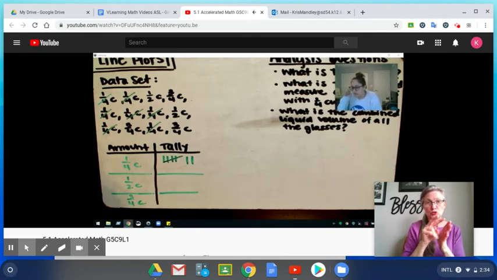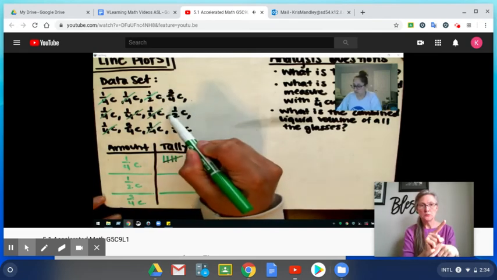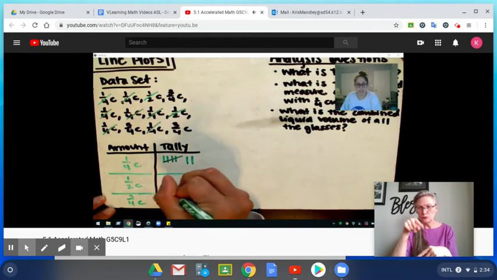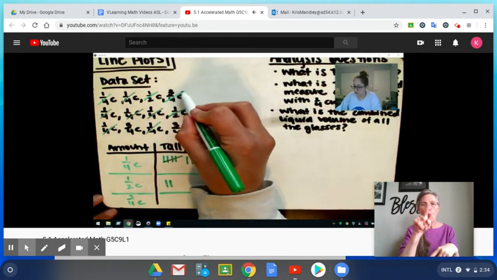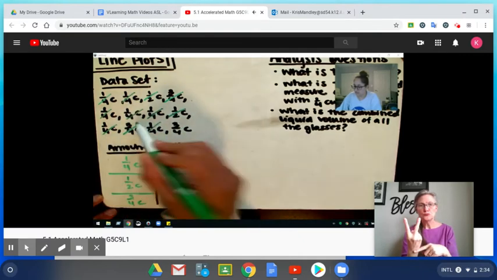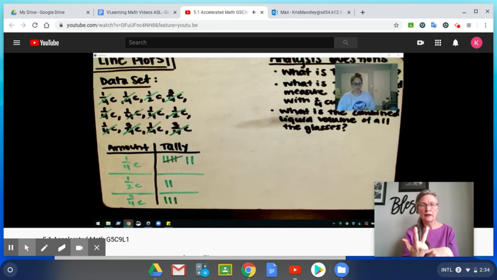So I've got 1/4 cup. Now let's go ahead and count 1/2 cup. So I've got 1 and 2, it looks like. So I'll make 2 tallies here. And then our last section is 3/4 cup. So I've got 1, 2, and 3. So I've got 3 tallies for 3/4 of a cup.